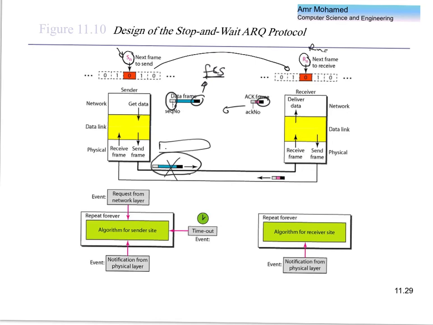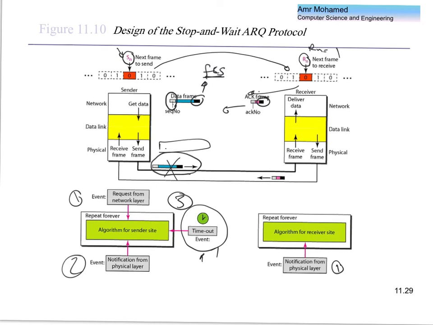So Rn, after arrival, will be 1, and then you will send the acknowledgement back with acknowledgement number 1. Another thing we notice is that now we have a third event, which is the timeout, and still here in the acknowledgement we have 1. So that's also very important.